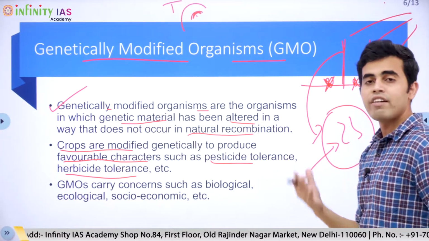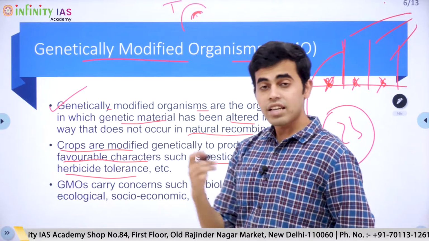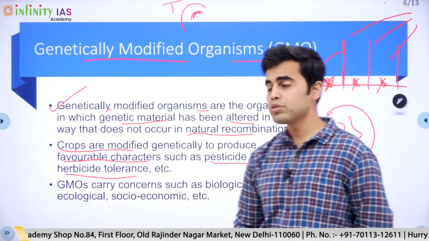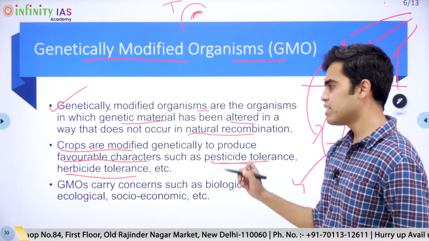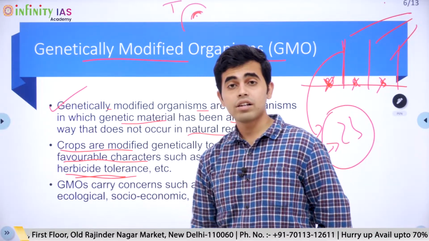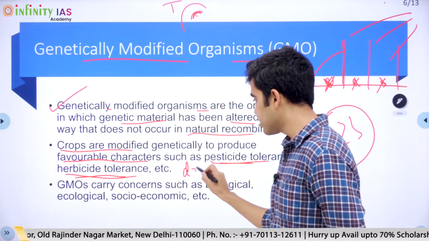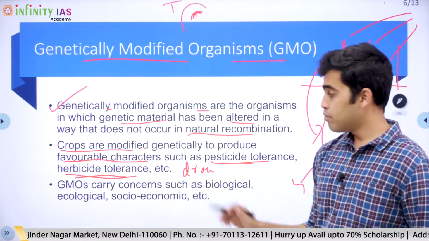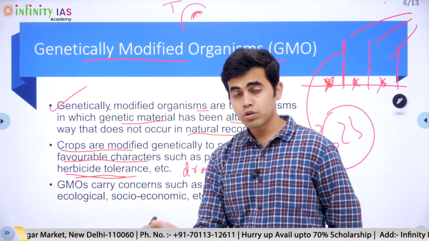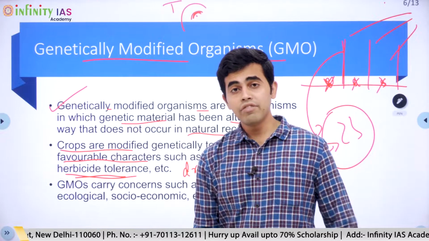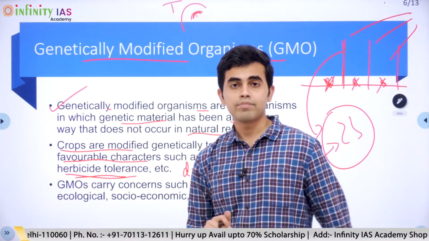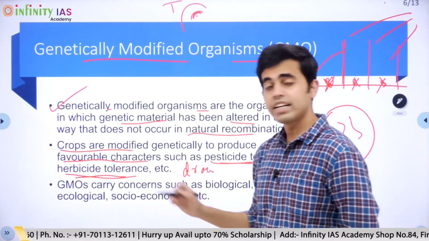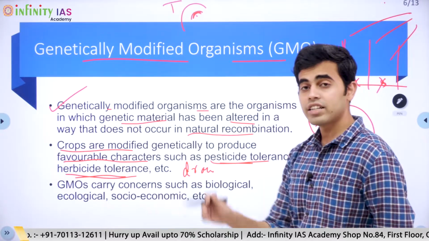That is favorable for the farmer. Such characteristics can be introduced in crops, such as pesticide tolerance, herbicide tolerance, even drought resistance. That means those plants or seeds can grow even in drought-prone areas with less water. That is a favorable characteristic for the farmer.